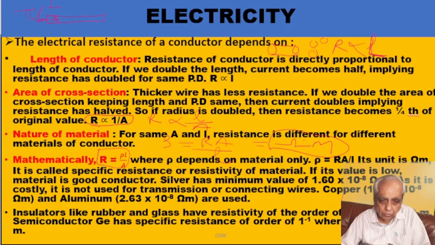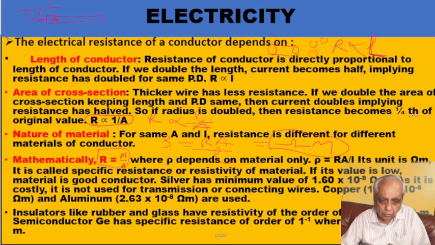There are two important semiconductors called germanium and silicon. For silicon the specific resistance is 10 raised to 3 ohm meter, whereas for germanium it is about 10 raised to minus 1 ohm meter.